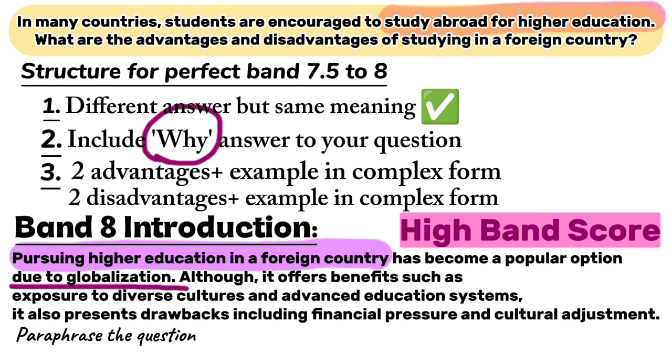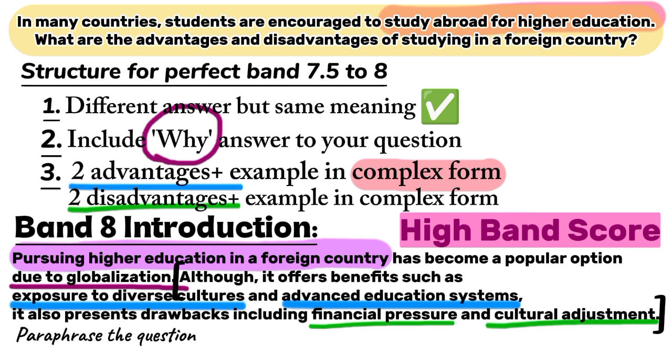In the next part, we give a complex form answer. Although it offers benefits such as exposure to diverse cultures and advanced education systems, it also presents drawbacks including financial pressure and cultural adjustment. This structure gives 2 to 2 ideas. Why studying abroad has both advantages and disadvantages.